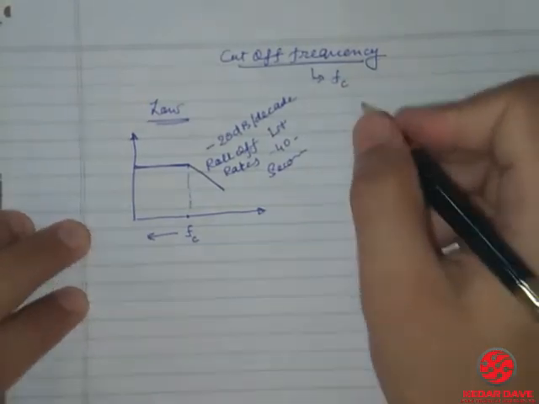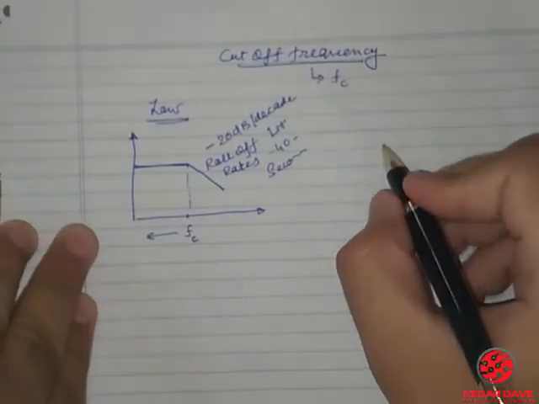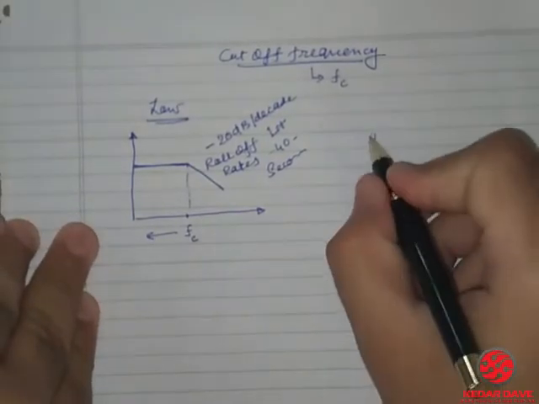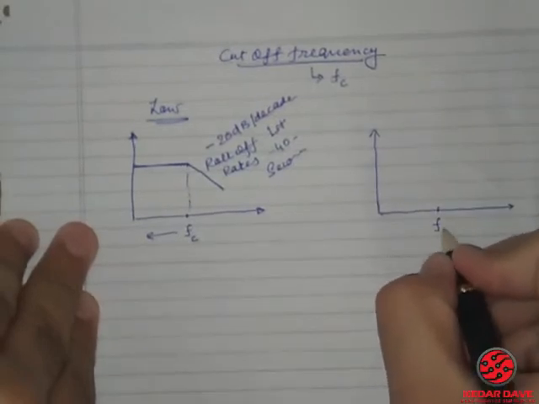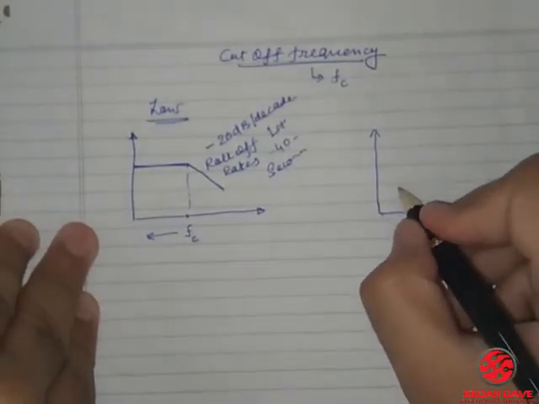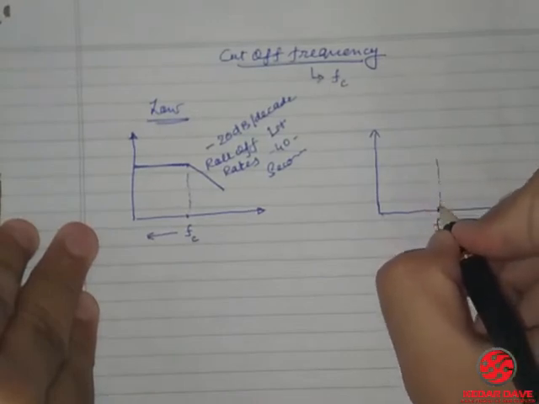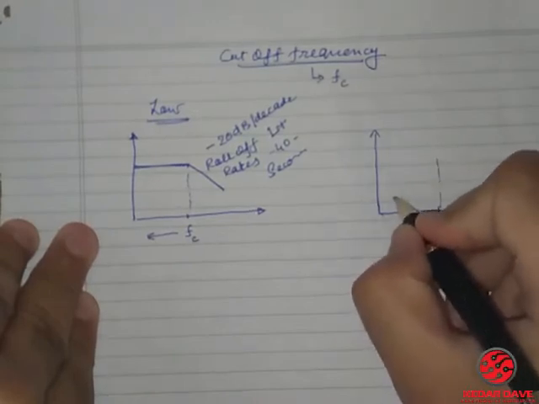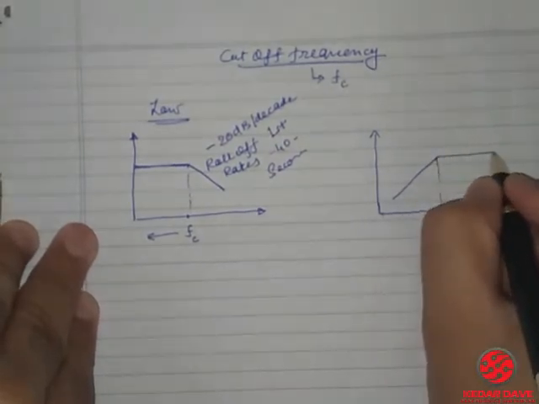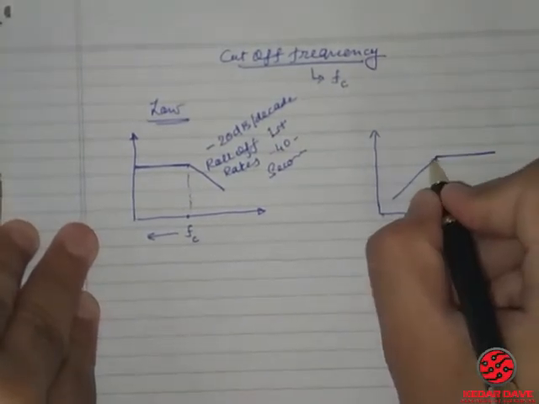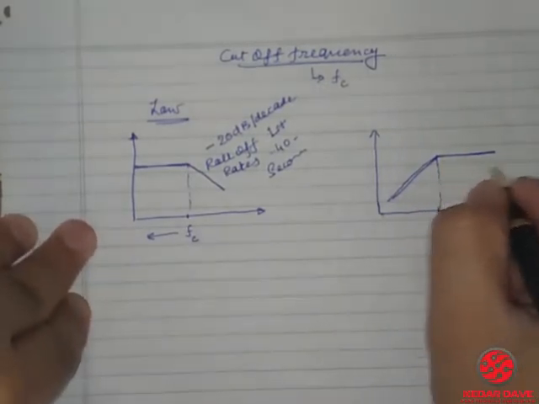And similarly, if we check the high pass filter, it will be somewhat like this. Here is my cutoff frequency. Every frequency up to this particular point will be blocked, and after that cutoff frequency it allows the frequencies to get through, right?